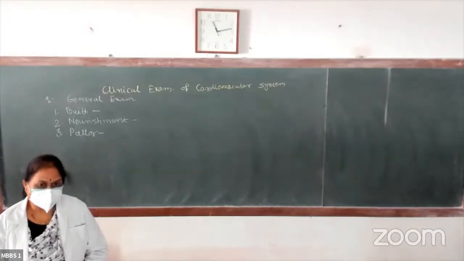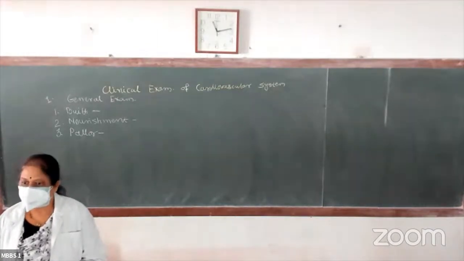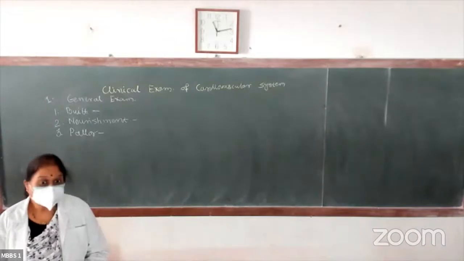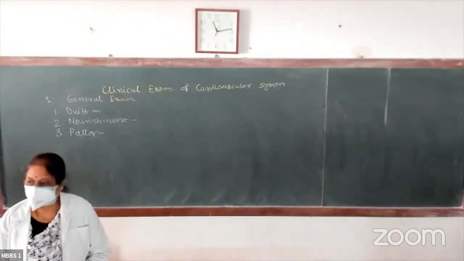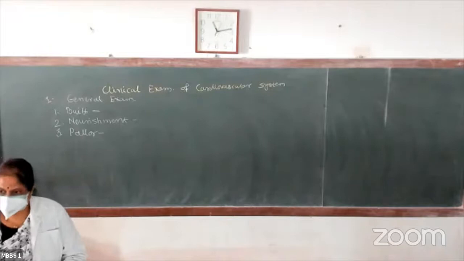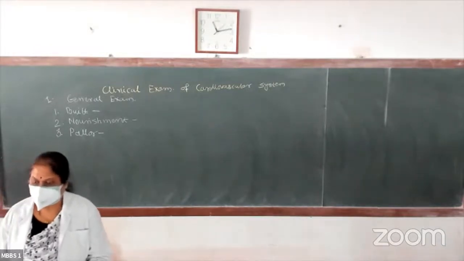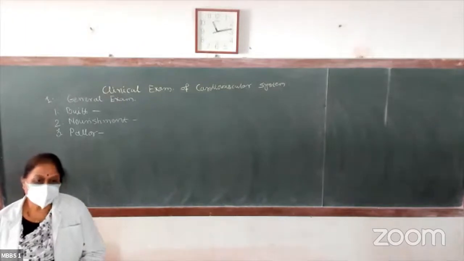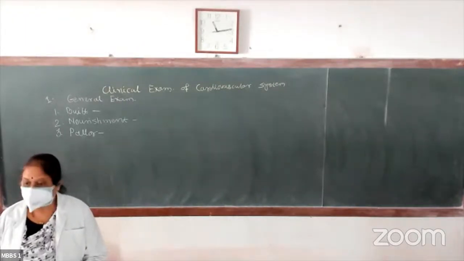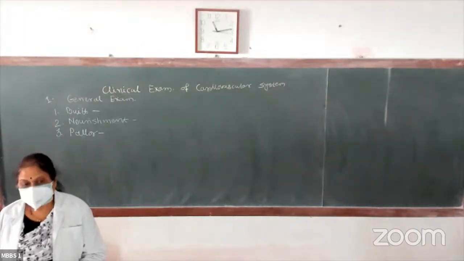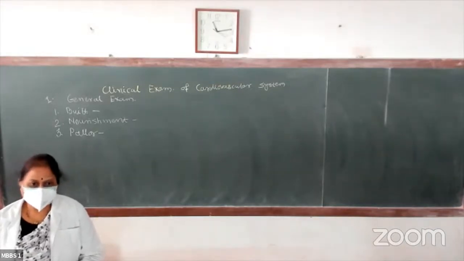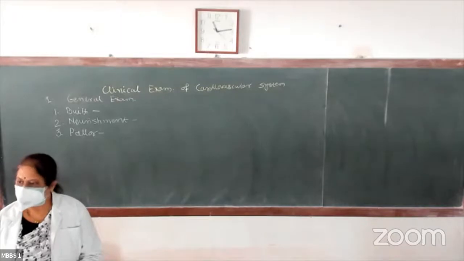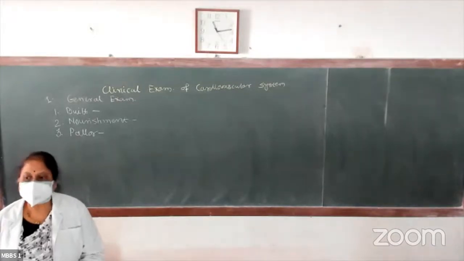So what is the coloration of the mucous membrane and the skin in anemia? Paleness of the skin or the mucous membrane is called pallor. Normal color of the mucous membrane and skin is pinkish. If it becomes white, it becomes pale, and that is called pallor. Pallor is a sign present in anemia.